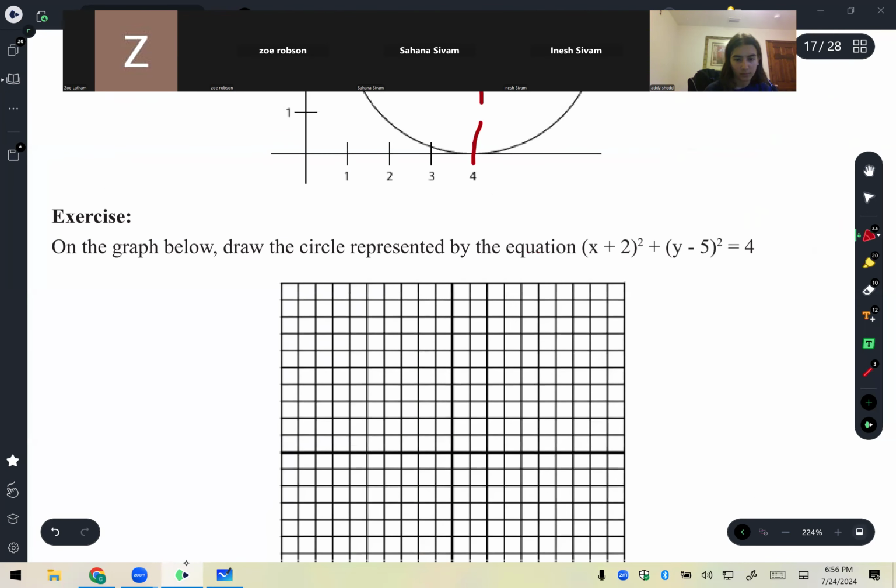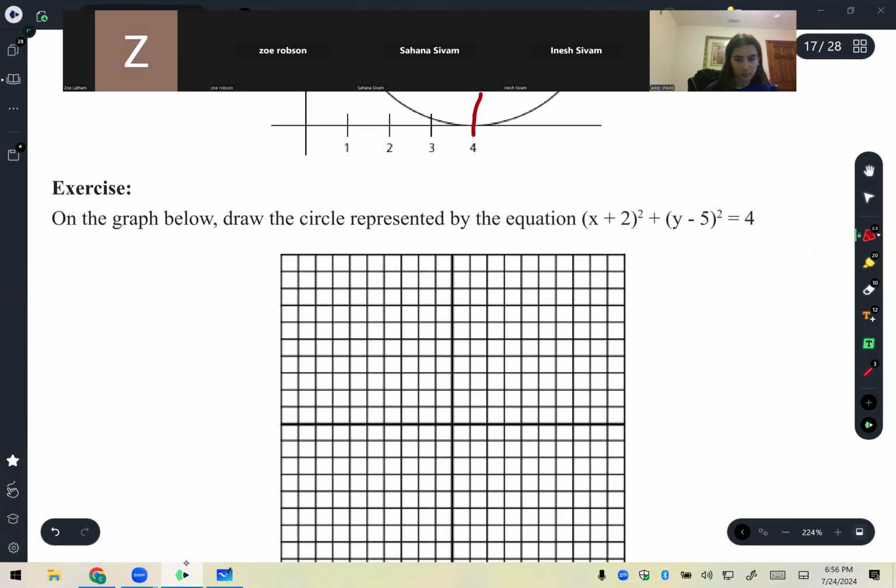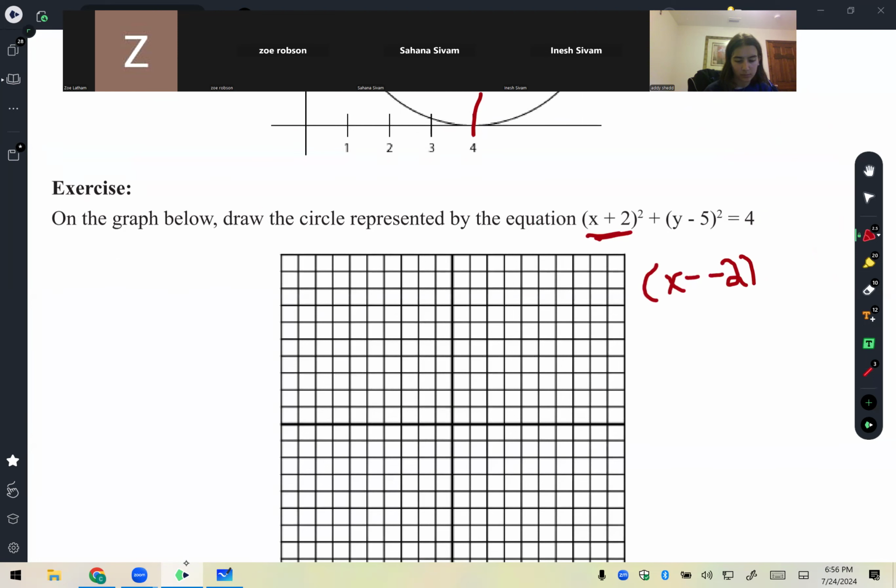So let's draw our own circle here. Notice if it's a plus, that's going to be x minus a minus 2. We have to be careful. So our center will be minus 2 and up 5, and then the radius is 2.